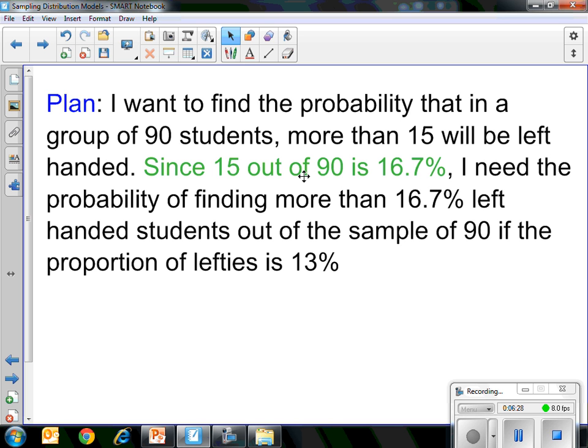Since 15 out of 90, and that's again just divide, is 16.7%, I need the probability of finding more than 16.7% left-handed students out of the sample of 90, if the proportion of lefties is indeed 13%. So this is our plan of how we're going to deal with that.